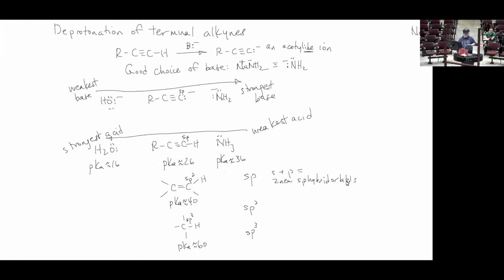Nothing unusual there. And so what that means is, in these two new sp hybrid orbitals, each of those sp hybrid orbitals is 50% s character.